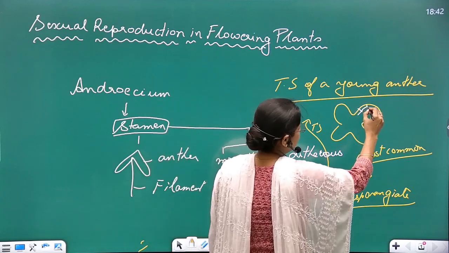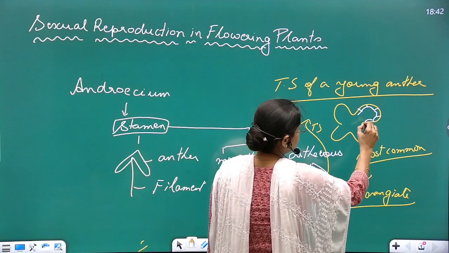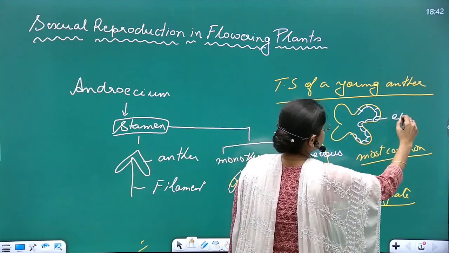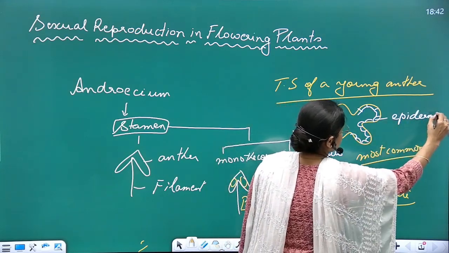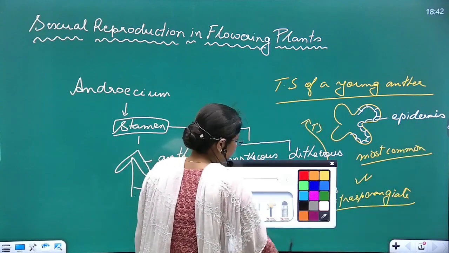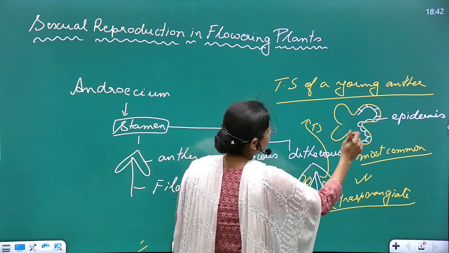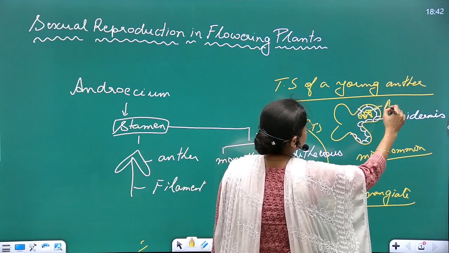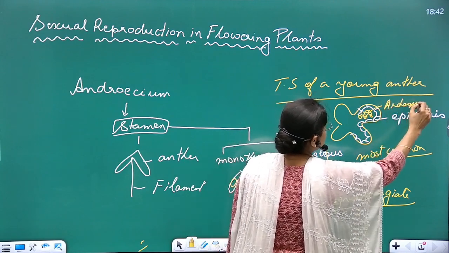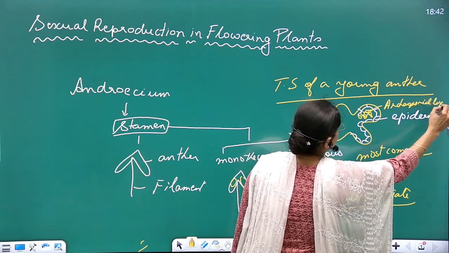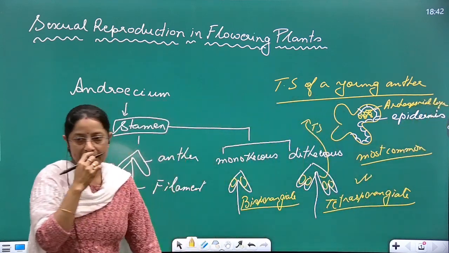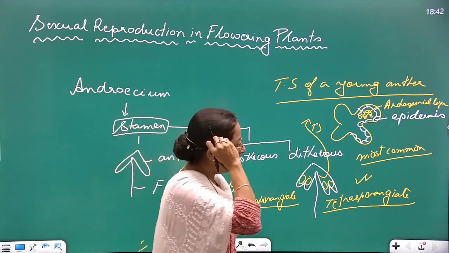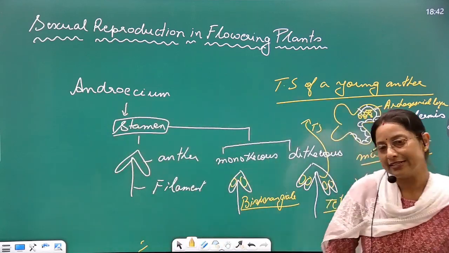The outermost layer of tissue is called epidermis, right? Below the epidermis, the layers of cells are called the archesporial layer. Okay. And next, in the archesporial layer, one cell becomes big, and that cell would be called the archesporial cell, right?